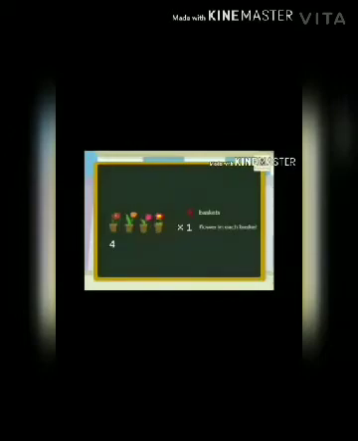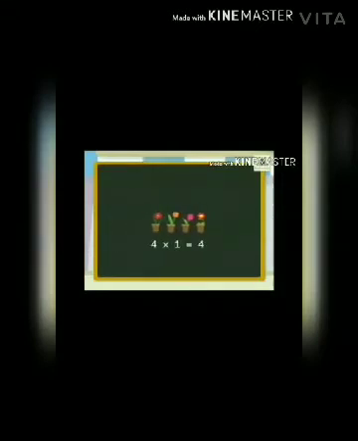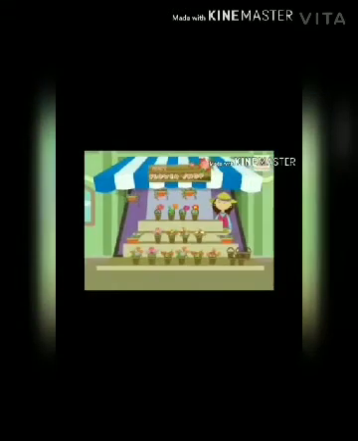Now, 4 into 1 is equal to 4. So, here we multiplied the number 4 by 1 and we got the answer as 4. That is the number itself. Therefore, when 1 is multiplied to any number, the product is always the number itself.